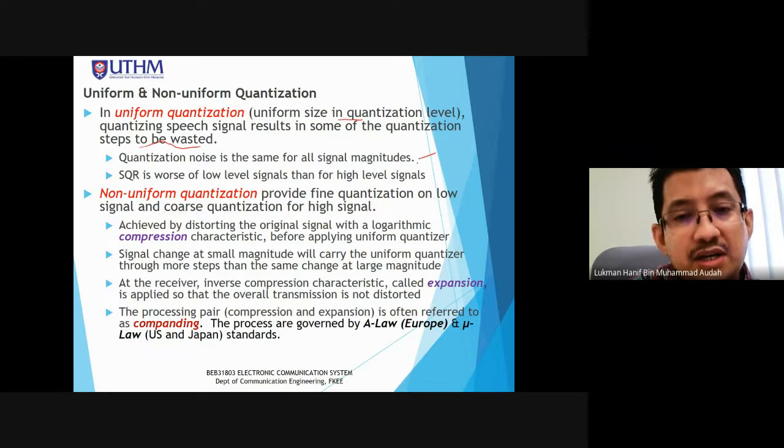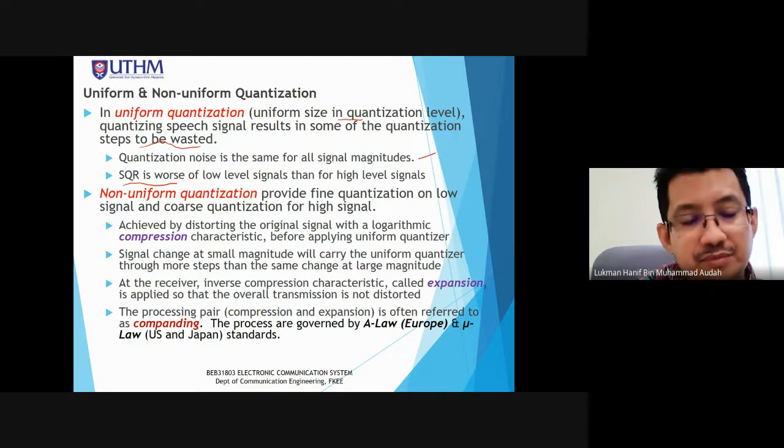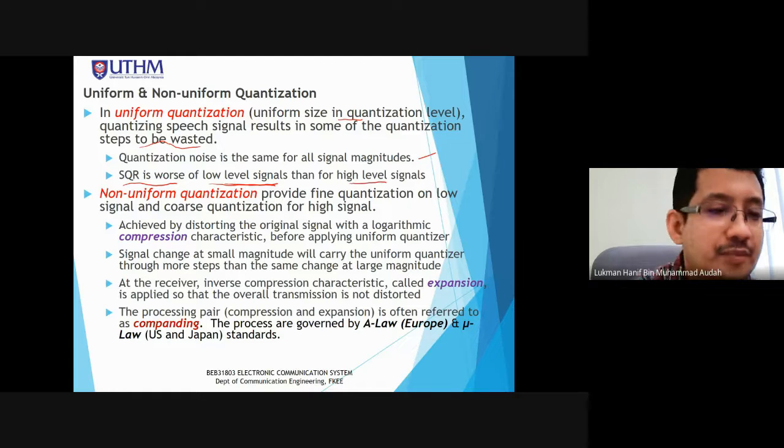So ini menjadi tidak baik, especially for the low level signal. SQR is worse for low level signal. Weak signal akan mempunyai SQR yang kecil berbanding dengan strong signal.